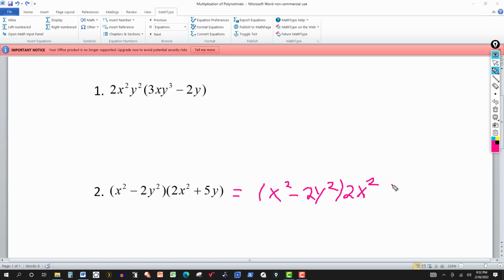Then bring down the sign, this one here, and then again the same term multiplies the second term. So I write this out: x squared minus 2y squared times the second term, which is 5y.